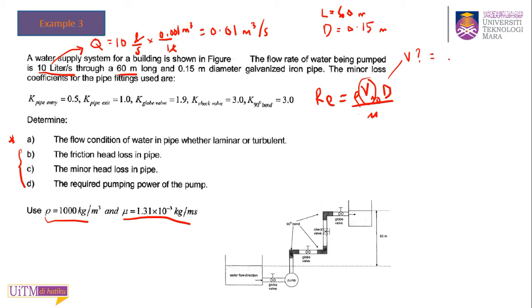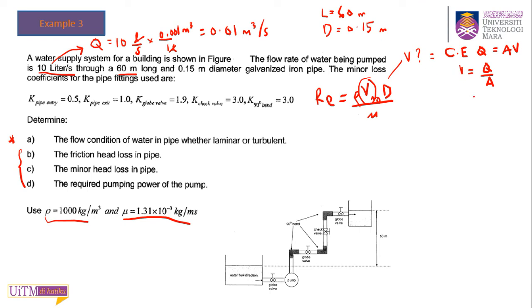This V is velocity, not kinematic viscosity. From the continuity equation, Q equals A V. So you can find your V by dividing Q by A. That's why they give you the Q.